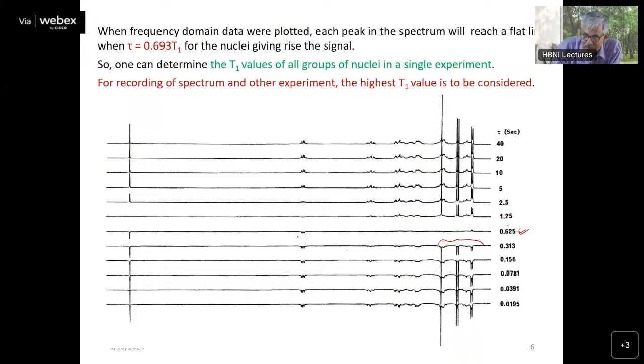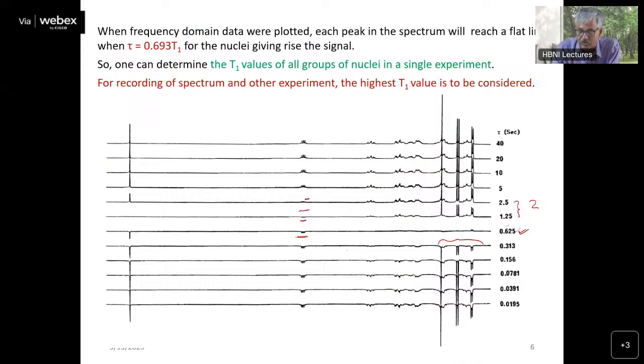But this group of protons is still negative. So somewhere between 1.25 and 2.5, you will see this becoming 0.